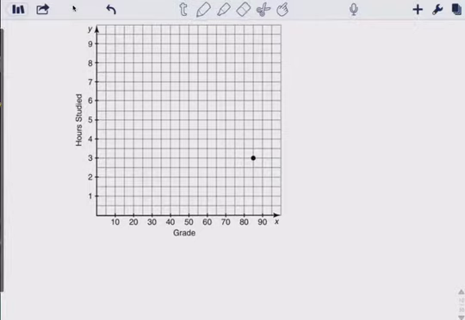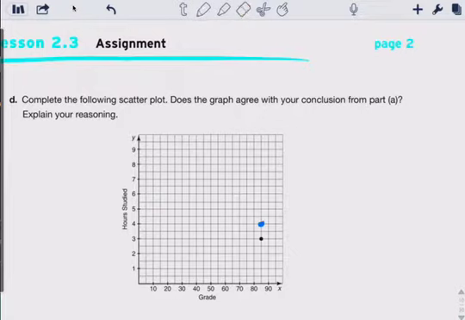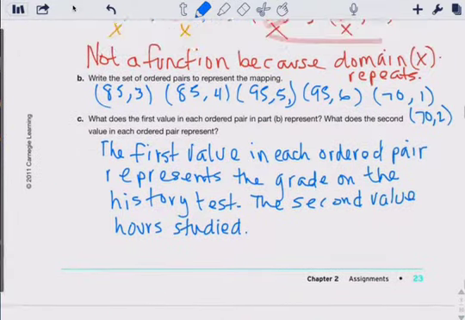Oh yes. Already we can see that it doesn't pass the vertical line test. But we need to plot all of them.